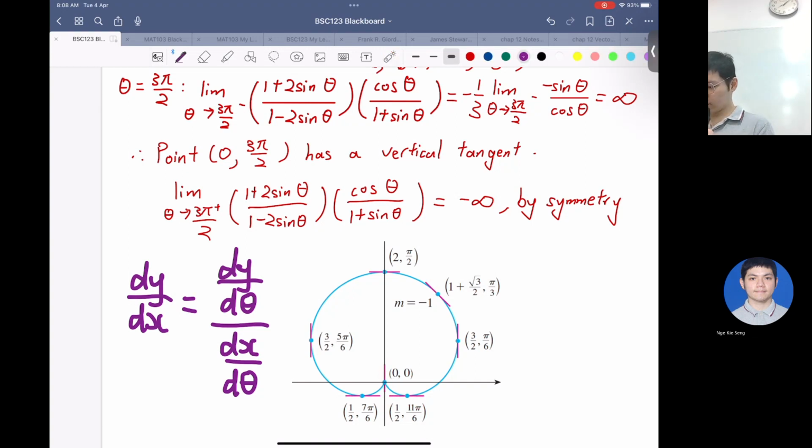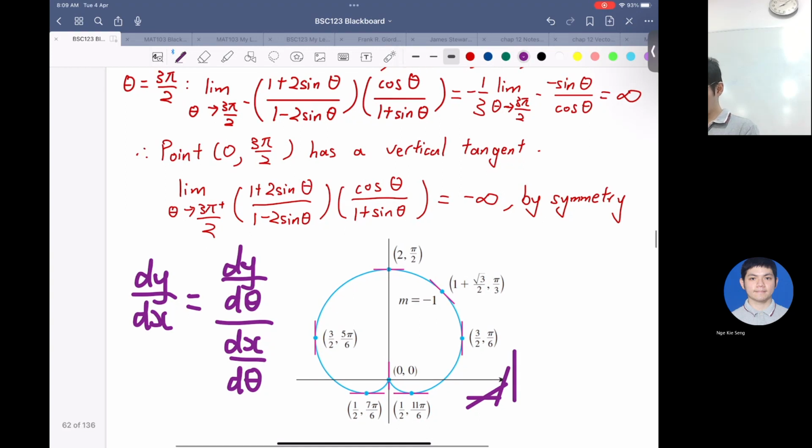Should I draw it out? Okay, let me just draw it out. One way you approach in this way. Let me draw more. Like this, and then like this. So this one is going from here to infinity, and the other way is going from here and here.